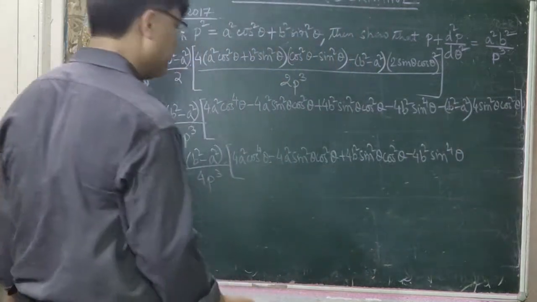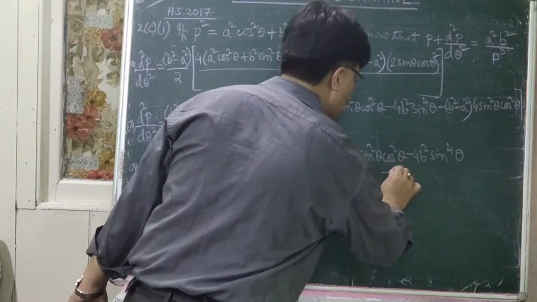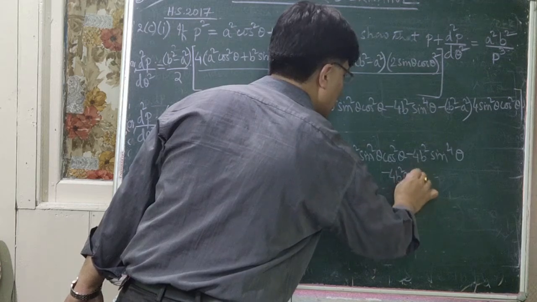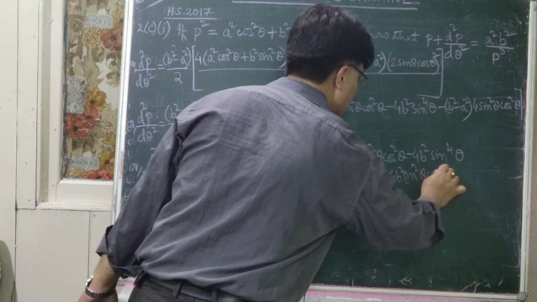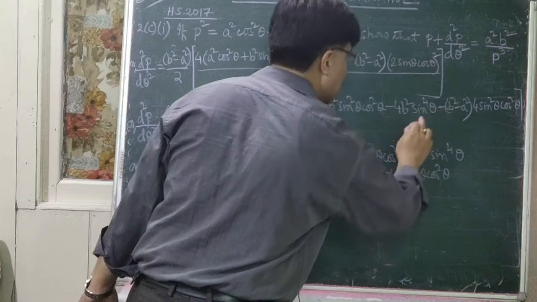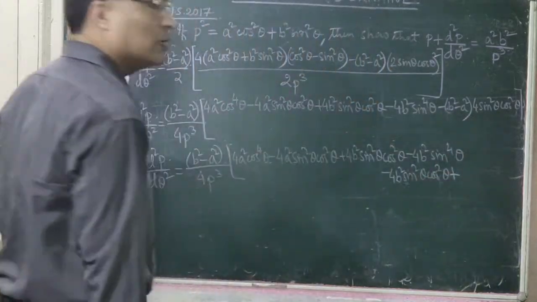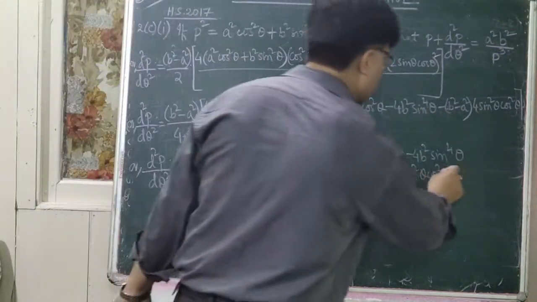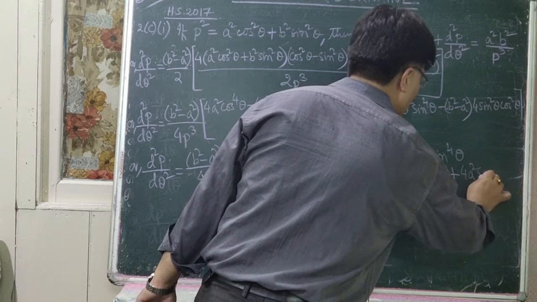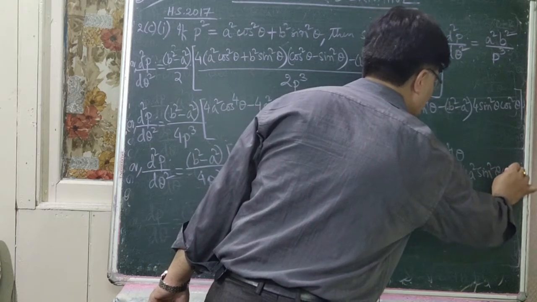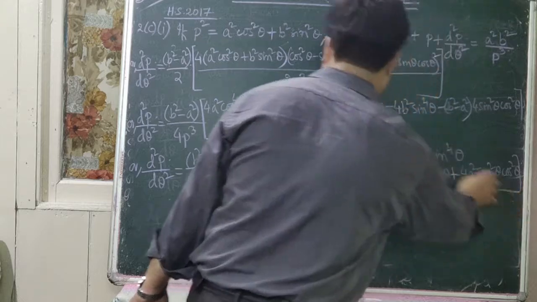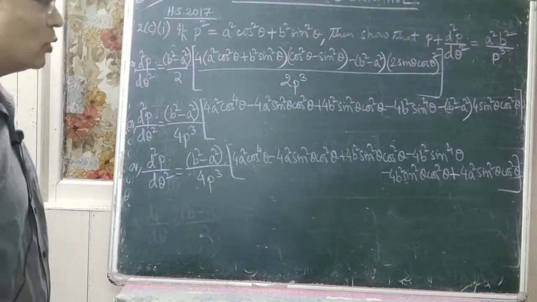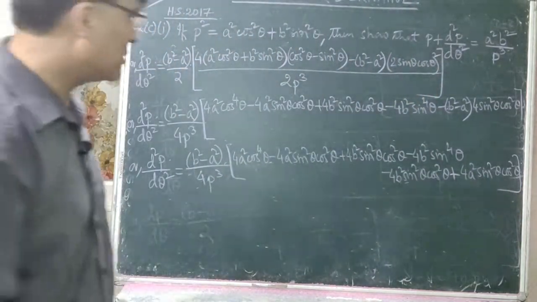Now multiply it. So it is minus 4b² sin²θ cos²θ, right? Minus into minus plus 4a² sin²θ cos²θ. Third bracket is closed. So I think you have understood it.